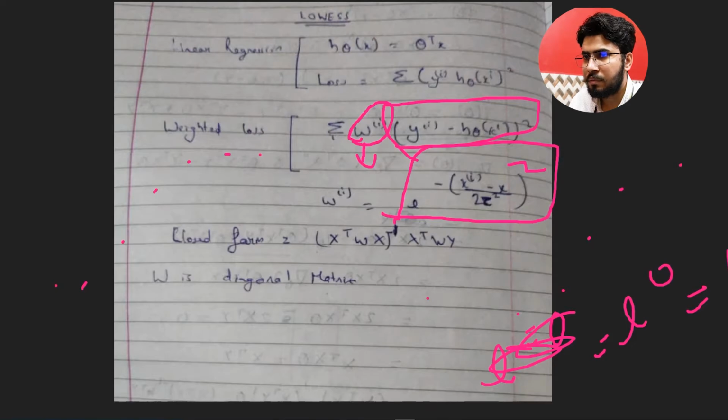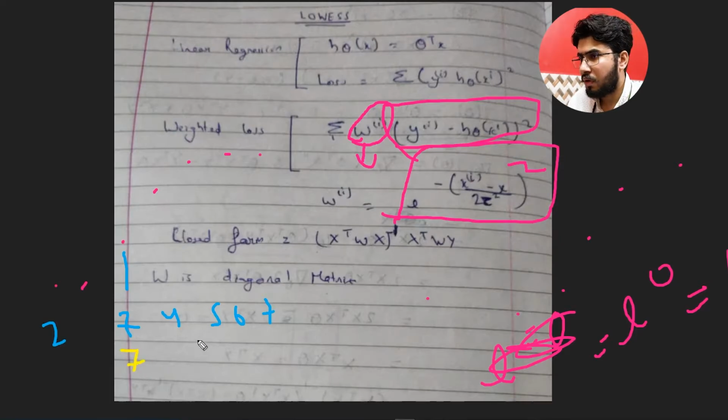Let's suppose you have this input, and 1 2 3 4 5 6 7. Let's say this is the 7th original data point, and you are giving it your test point as 7.